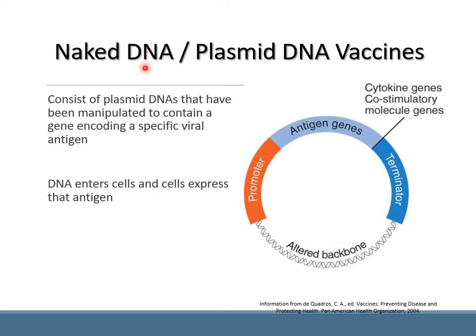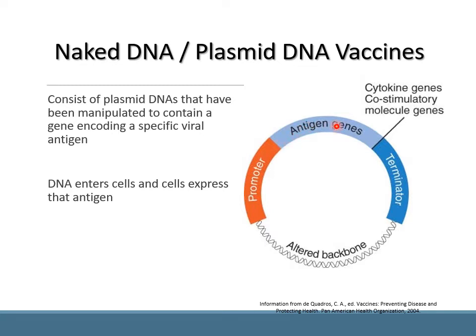Naked DNA or plasmid DNA vaccines. These consist of plasmids that have been manipulated. So this is not a viral vector, this is a plasmid, and it has our antigenic gene of interest inserted into it. This can be used as a vaccine.